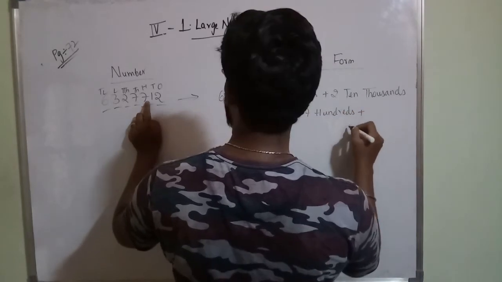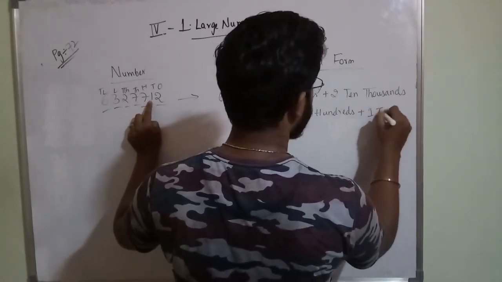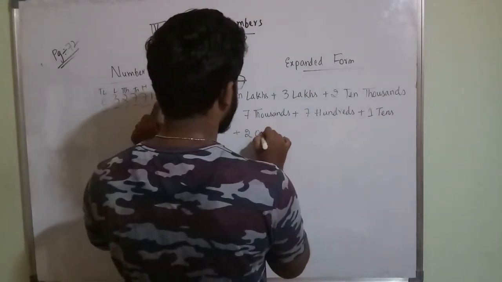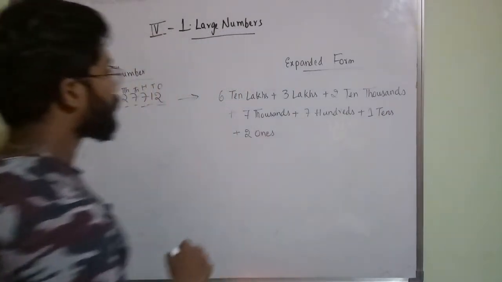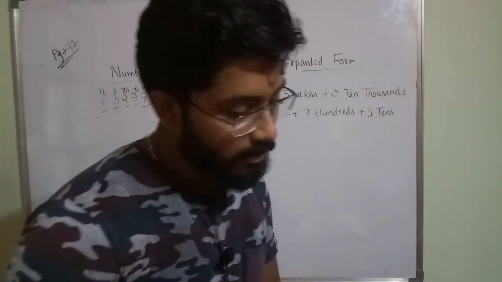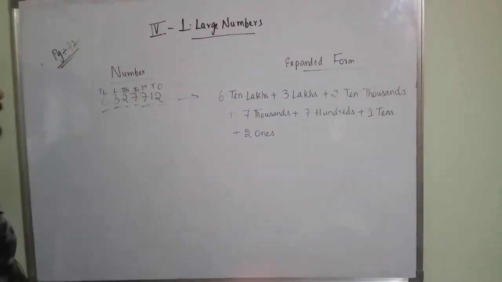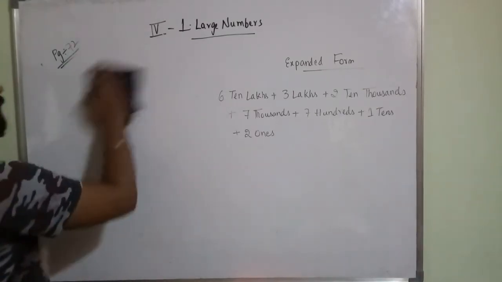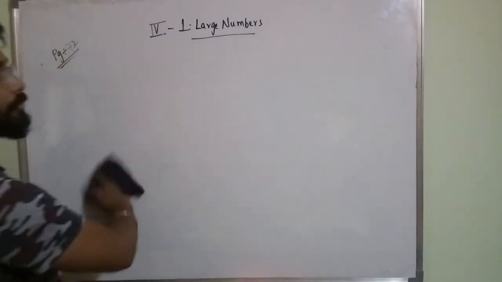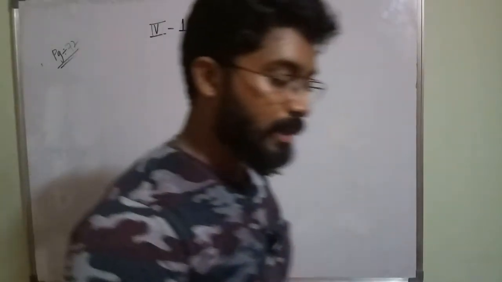Plus 1 is in which place? 1 tens, and 2 is in which place? 2 ones. So this is the number and that is the expanded form. Like that you have to understand and write them carefully. You should not make any mistake, because you know after which place you will get which place.